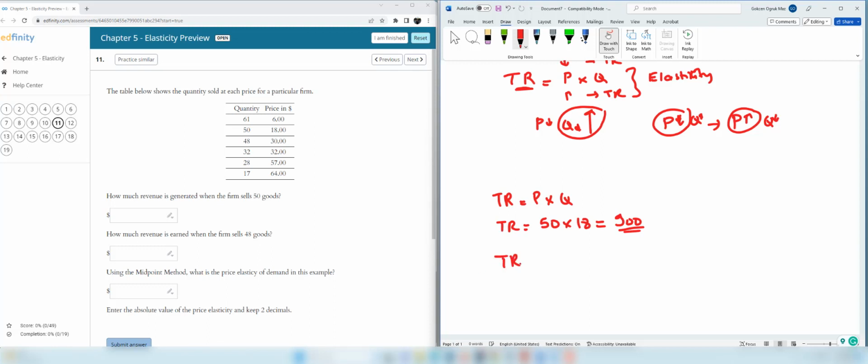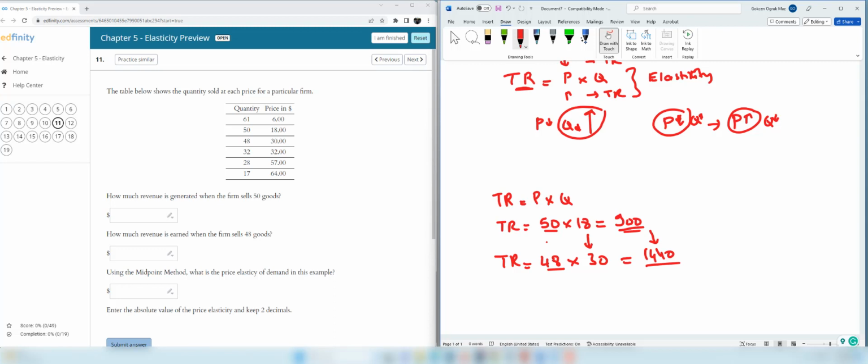So again, we are going to calculate total revenue, this time 48 times 30, 1,440. So by increasing the price, in this case from $18 to $30, in fact, the company increases its revenue from 900 to 1,440. The reason, because as you see, the quantity demanded doesn't go too much down. Price increases almost to twice, but the change in quantity demanded is very small, so you didn't lose your customers by increasing the price. Therefore, you increase the total revenue.